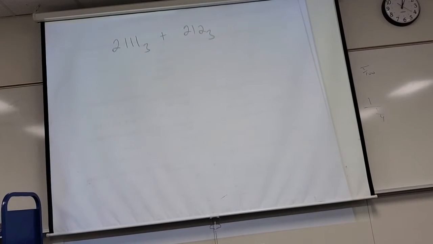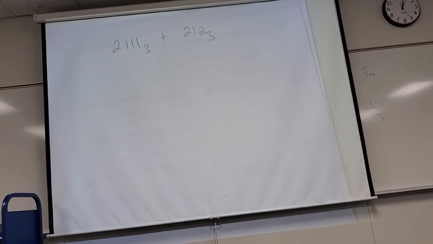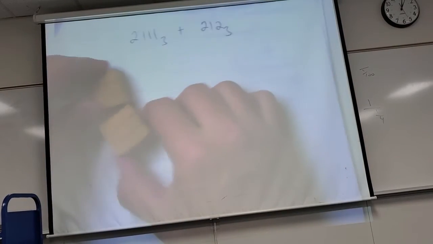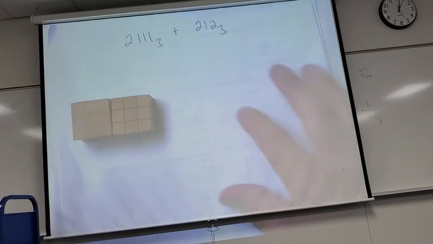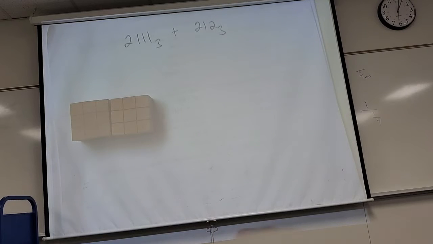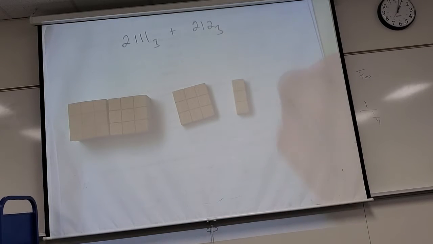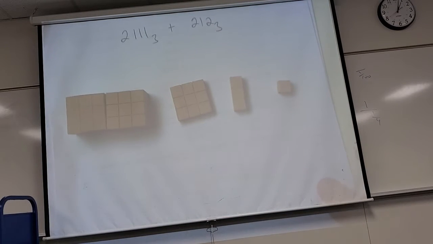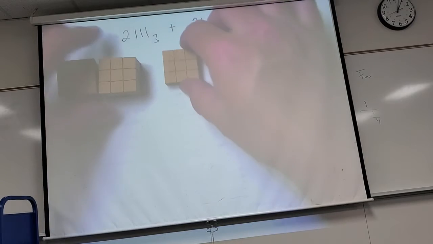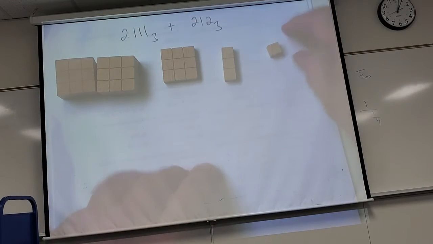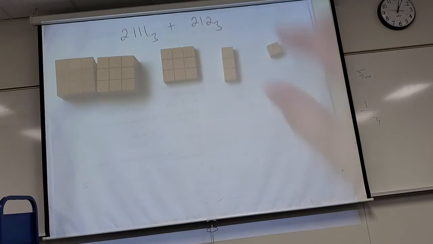Sorry. Does anyone need any extra stuff? See, this is 2 cubes, right? And then 1 flat, 1 long, and 1 poor little dude. That's 2, 1, 1, 1, base 3.